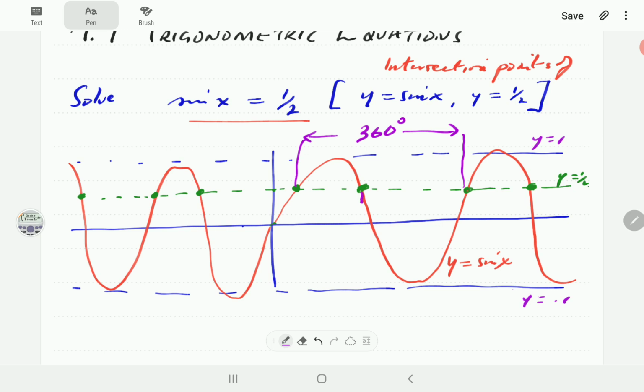Same thing, this one and this one, 360, etc. So we'll see how this relates to what we defined as coterminal angles before.